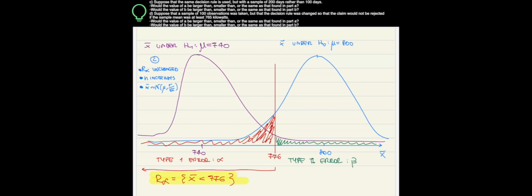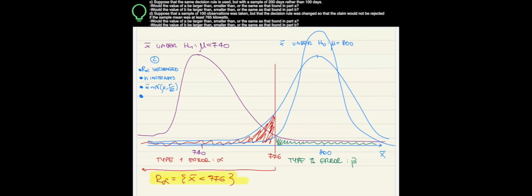So if we increase n, the effect on this distribution is that they become peakier. For example, the distribution under H0 could become like this, peakier, because the variance is decreased.